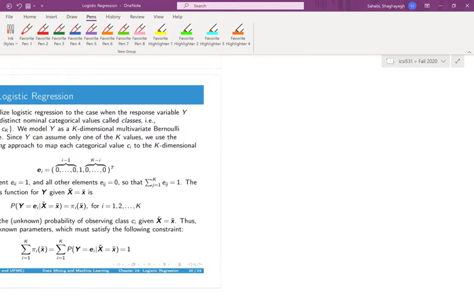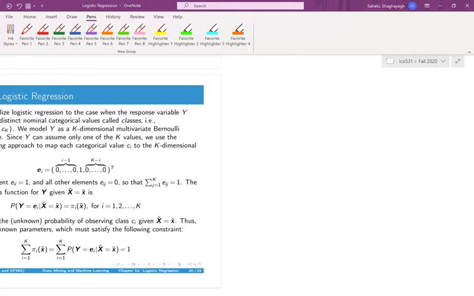In multi-class logistic regression, we can have Y, our categorical response variable, belonging to one of K different classes. So going back to our original example, it can be according to height, weight, and number of legs for an animal. We would like to see if it's a cat or a dog or a hen, right? So we have more than two classes.